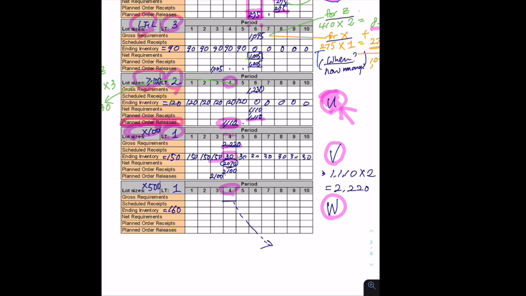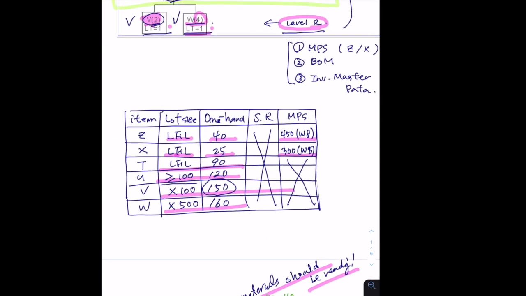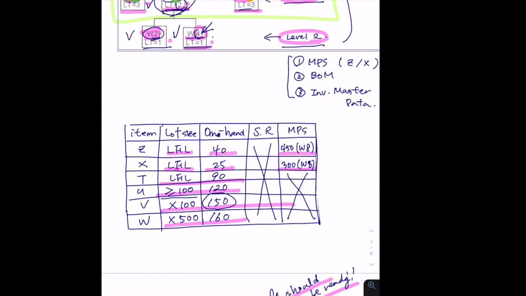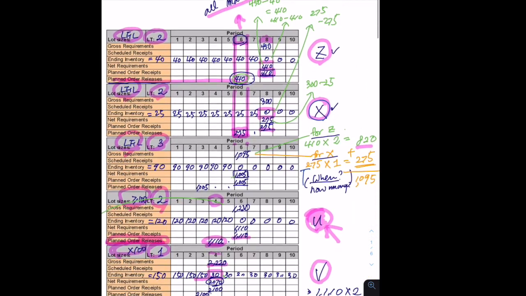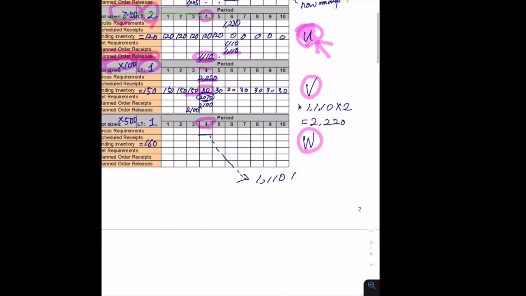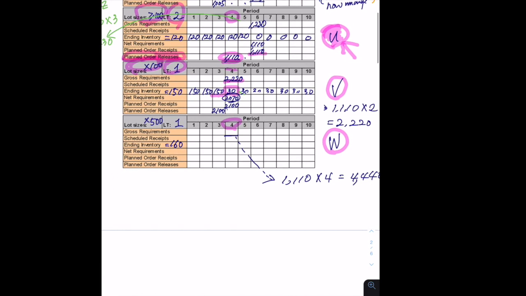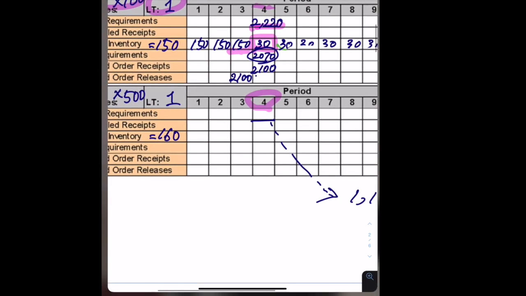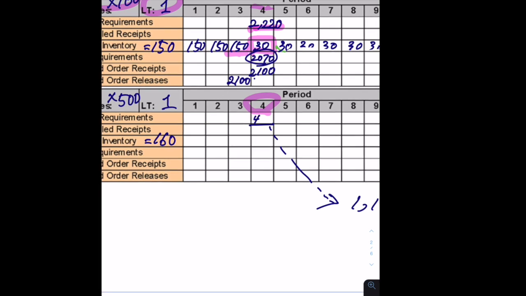Since we are making 1,110 U, and for each U in the BOM, how many W's do you need? So let's multiply this number by 4, and then you will get 4,440 items you need. So gross requirement on week 4 is 4,440.